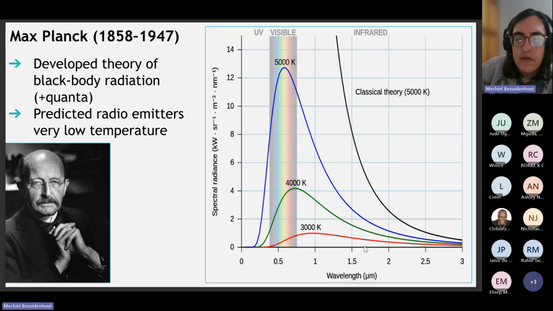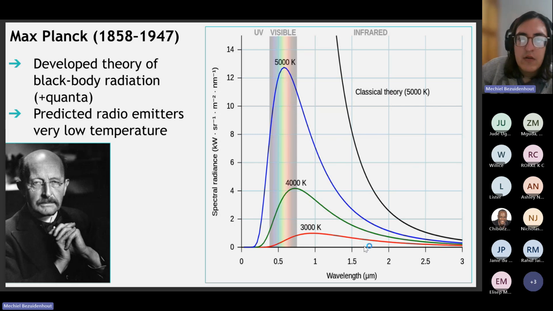So one very important consequence of this theory was that in order to get radio wavelength emission from a black body, so that's on the order of centimeters, you would have to have an emitter that's at very, very low temperatures.